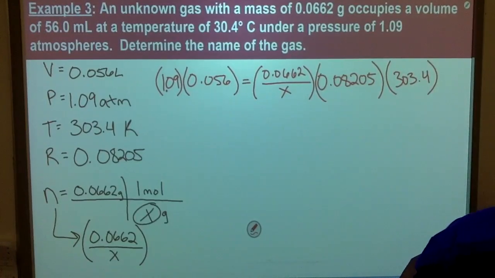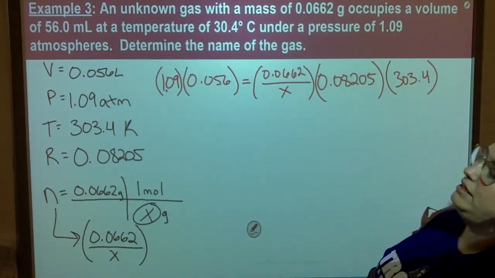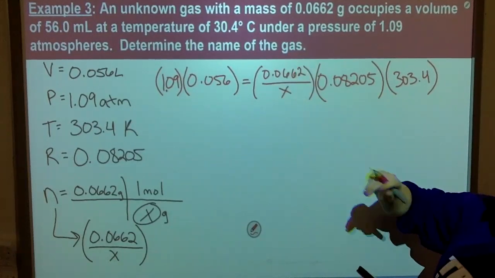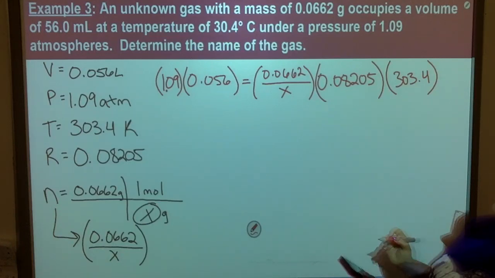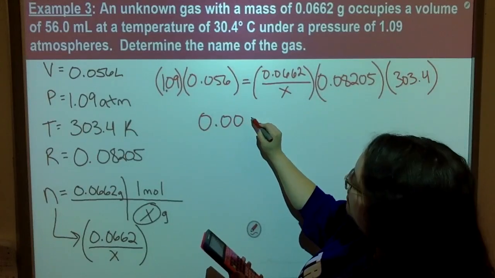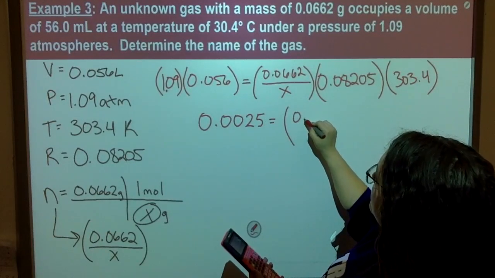Now we have to break it down and solve for X. If I want to isolate this portion, we solve it basically the same way as the others: 1.09 times 0.056 divided by 0.08205 times 303.4. That's going to give you 0.0025 set equal to this.